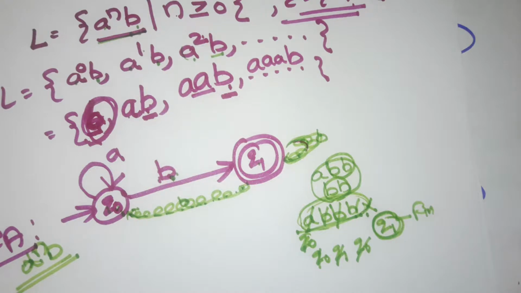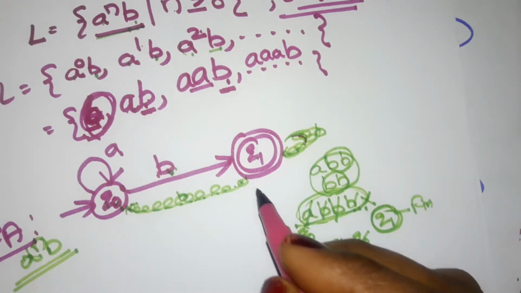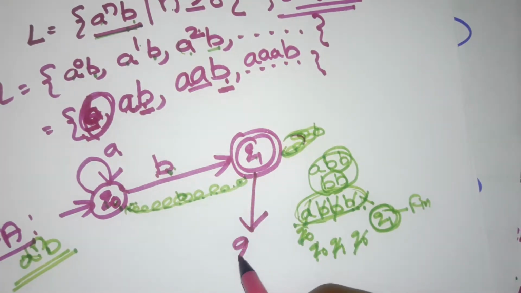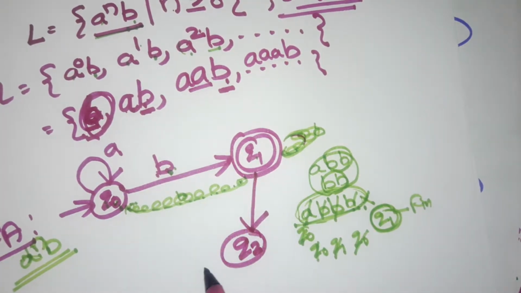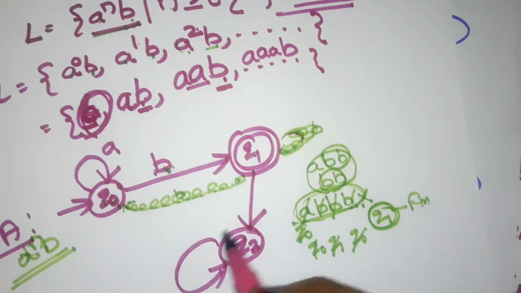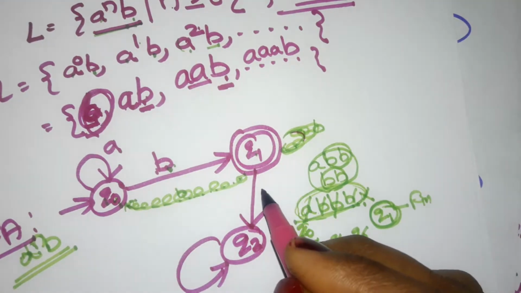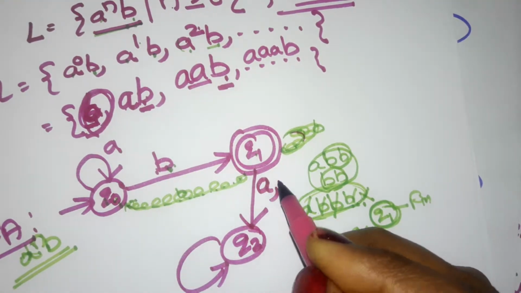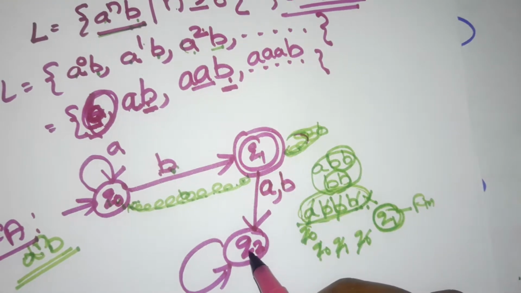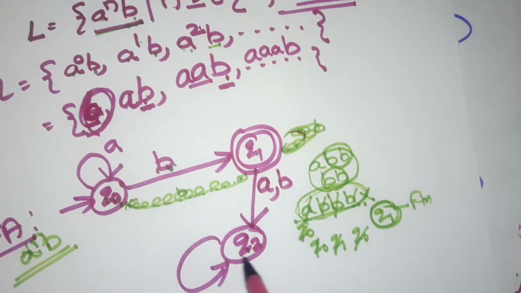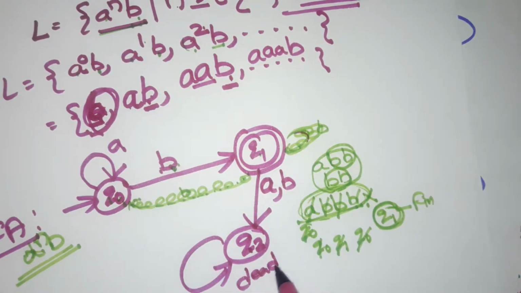So in these cases, you can mention one dead state, the q2 state. If q1 receives input a or input b, it goes to the state q2, and q2 is a dead state.